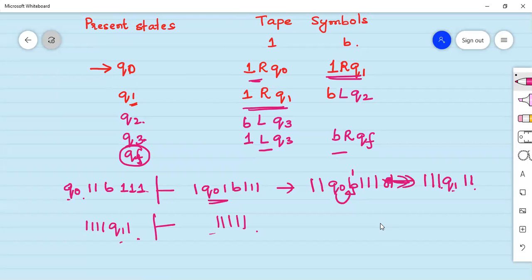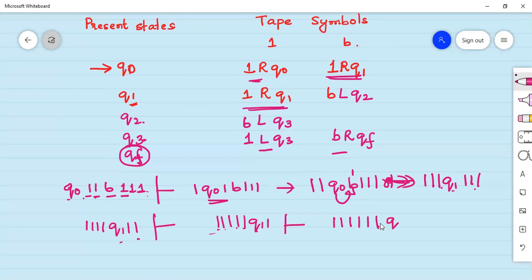Correct? So you have this has become 1, then 3 ones. So I wrote it as 2 ones here. Okay. So 3 ones. So 1, 2, 3, 4. I'll have one more. And then it has become 6. It should have become 5 ones, but it will become 6 ones.